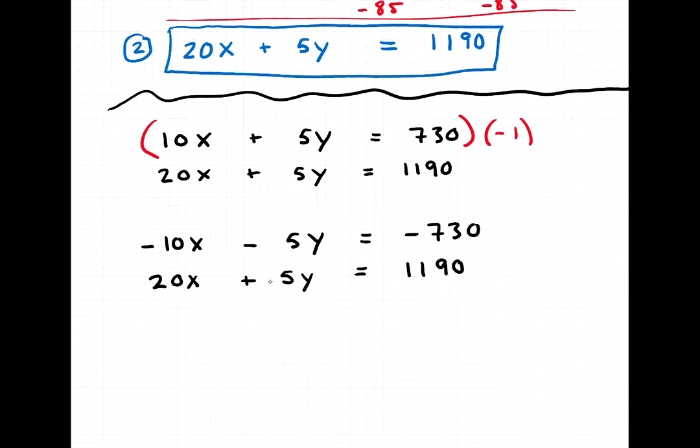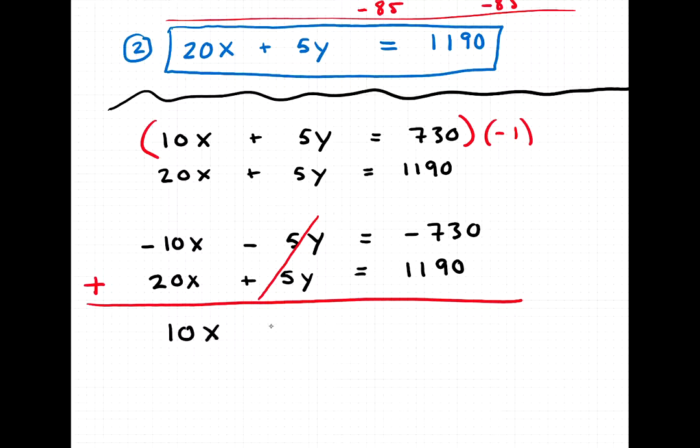We have a positive 5y and a negative 5y. So the elimination method says once one of your variables is equal and opposite, then add the two equations together. Right side plus right side, left side plus left side. And because these are equal and opposite, they will cancel. And we have a negative 10x plus a 20x, so that's a positive 10x on the left is equal to negative 730 plus 1190, which will give us 460.